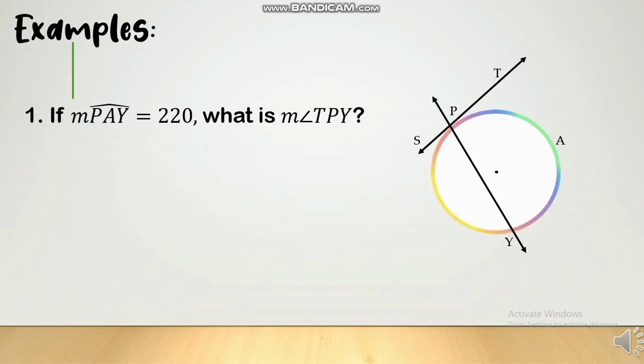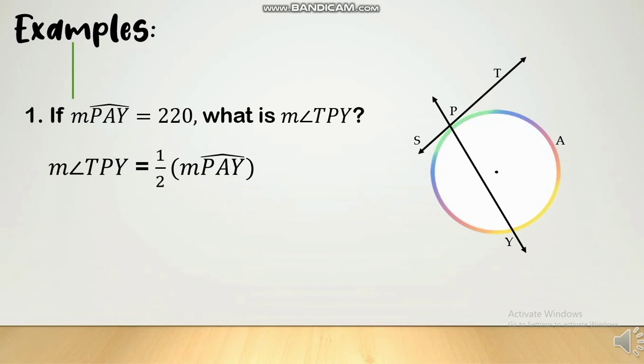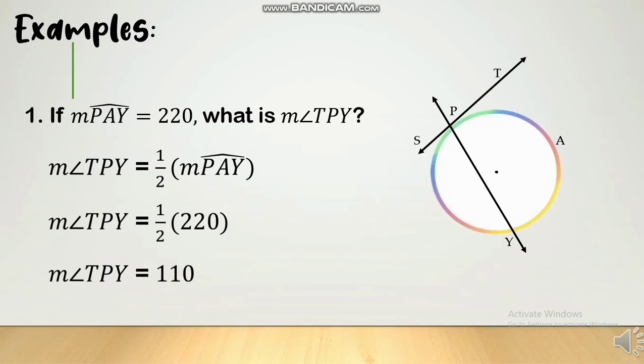So yung theorem number 2. So angle TPY is equal to 1/2 the measure of arc PAY. So the measure of angle TPY is equal to 1/2 times 220, and 1/2 of 220 is equal to 110. So the measure of angle TPY is equal to 110.